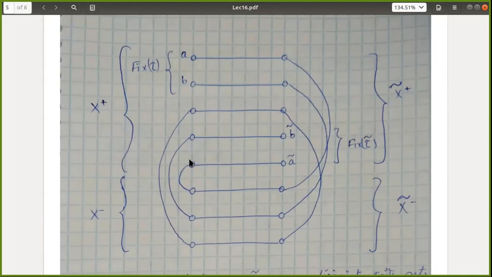Now, on this element, you see what f does. If it sends to a fixed point, which is the case here, then you define this to be the value for this particular input. With me so far? Yes.